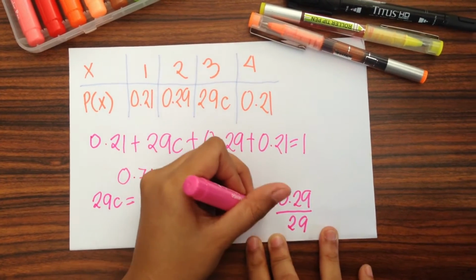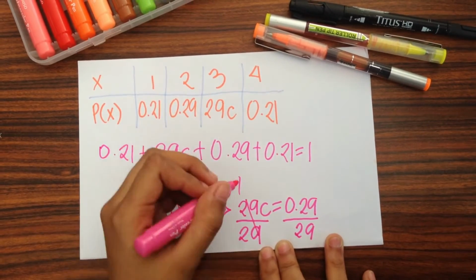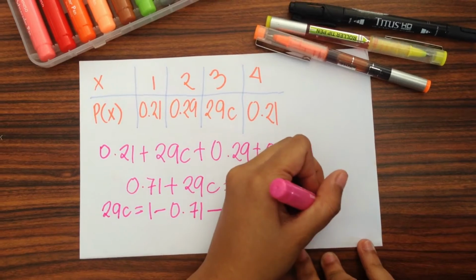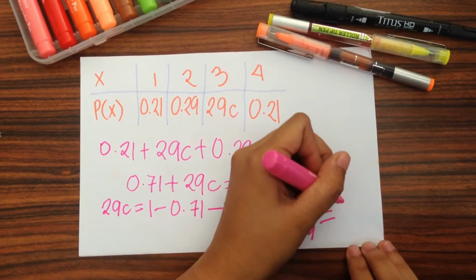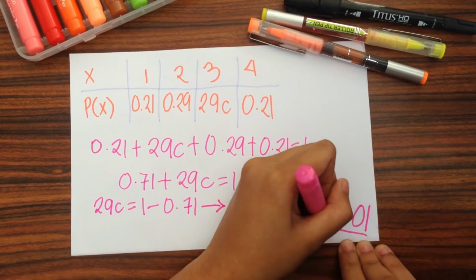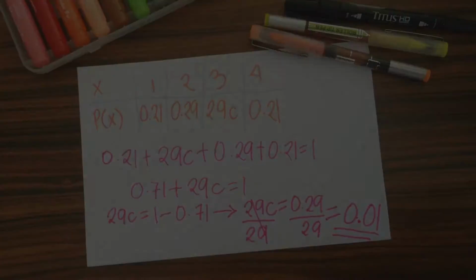Para makuha ang value ng C, i-divide both sides sa 29. And the answer is 0.01.